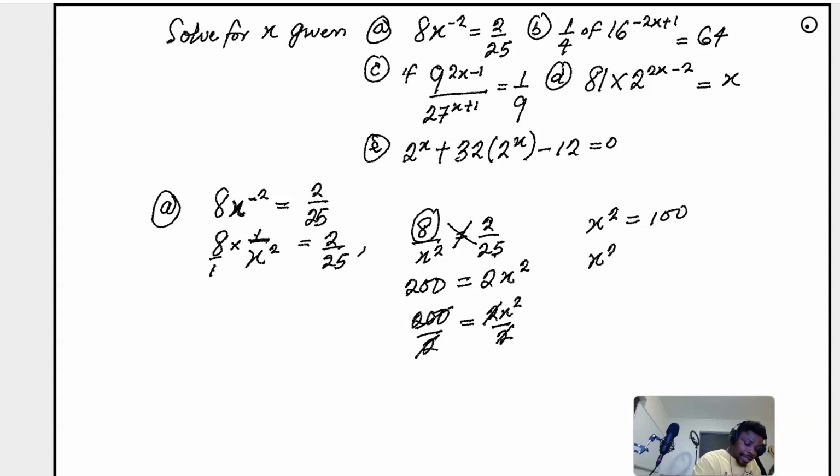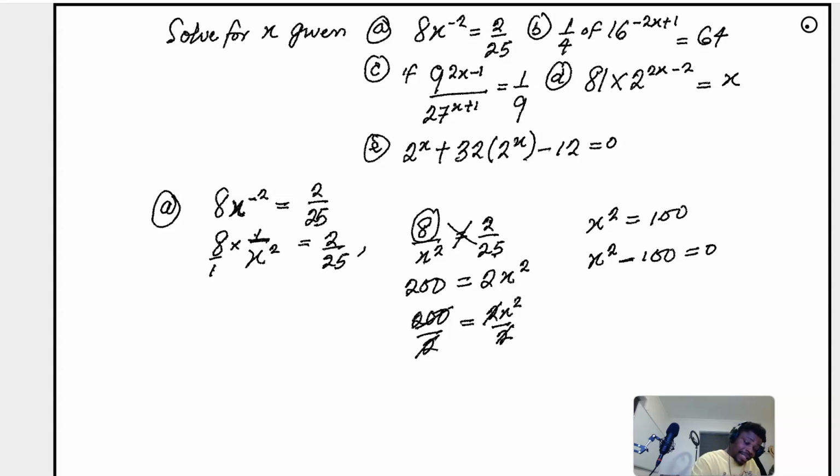Then x squared, I can bring 100 to the other side, that is x squared minus 100 is equal to 0. This is a quadratic equation, okay? And this kind of quadratic equation can be solved by using difference of two squares.